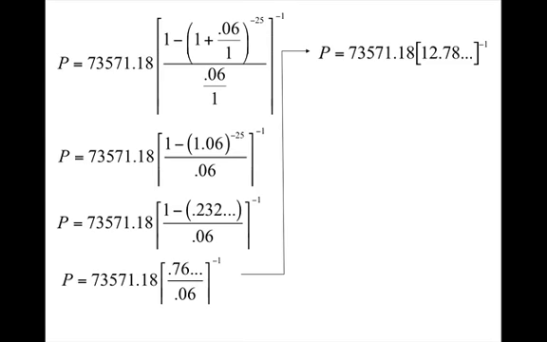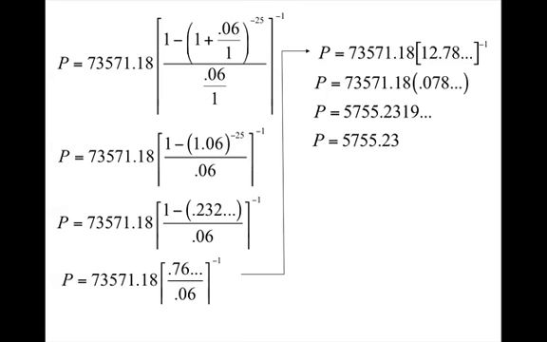Raise that to the negative 1 power, and that gives me 0.078. And then multiply that by the 73,000, and that gave me the 5,755.2319. Round this to 2 decimal places, and that gave me 5,755.23. So our yearly withdrawals will be $5,755.23.